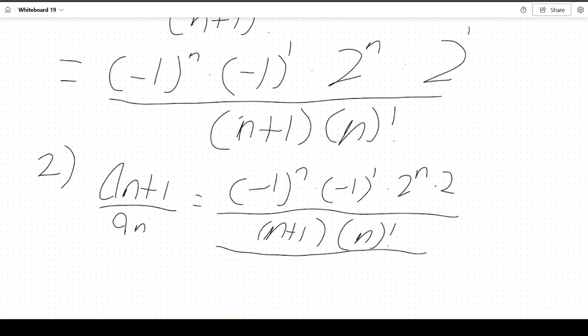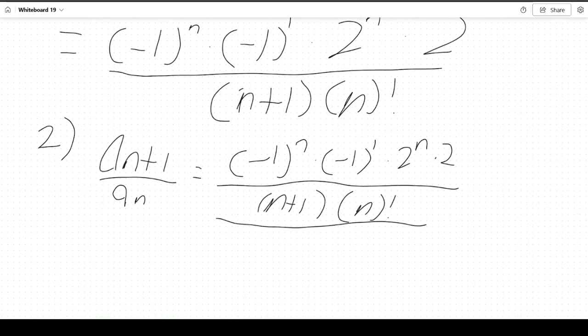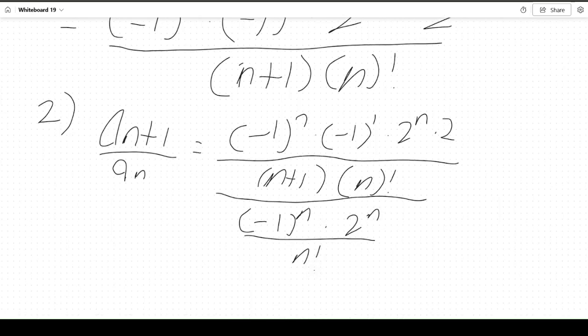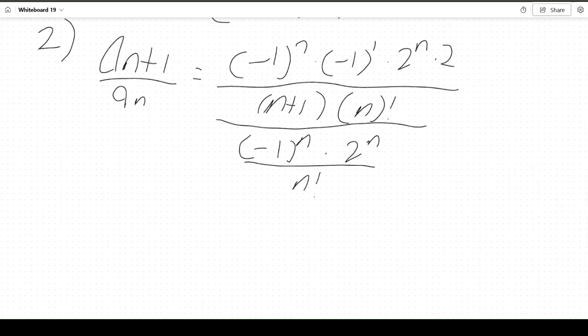So we can just divide it by this. And now we can multiply by the reciprocal, so we will cancel out everything easier. Let me make it more appealing.